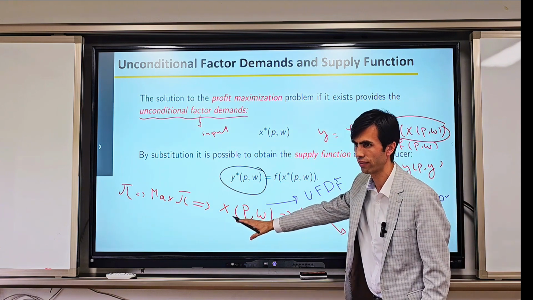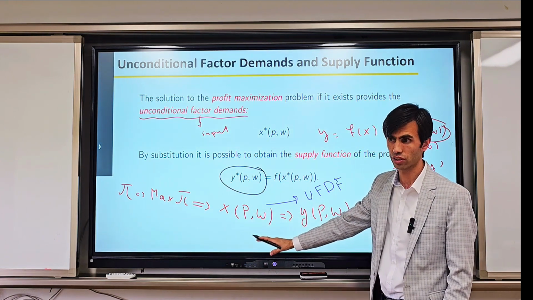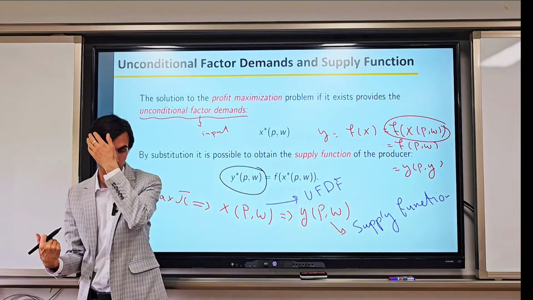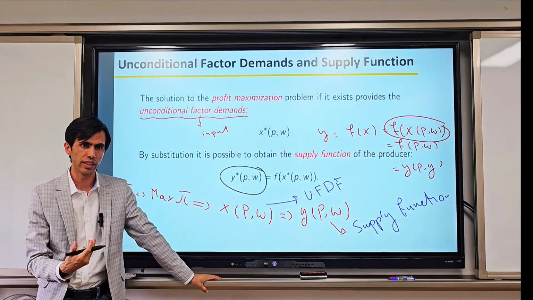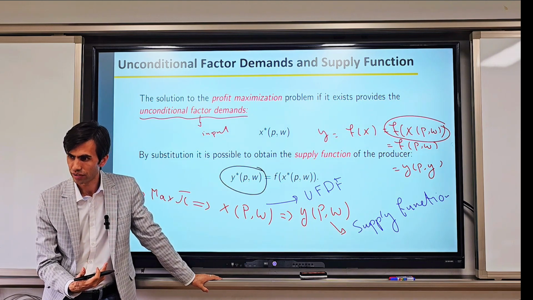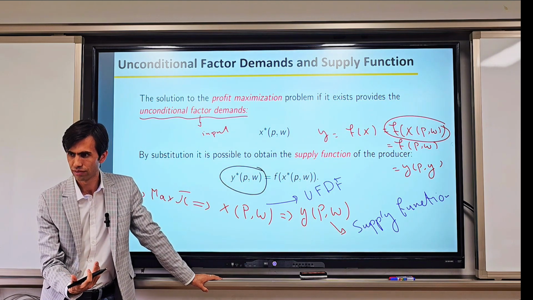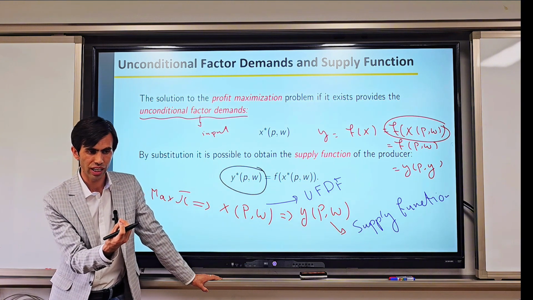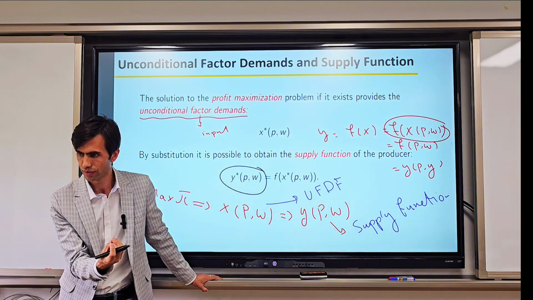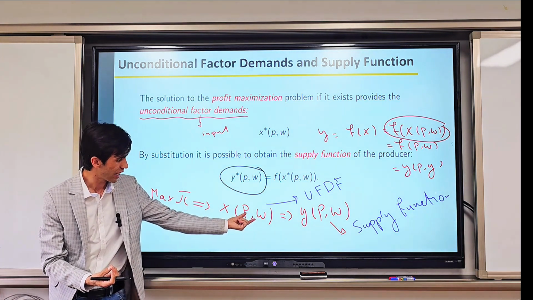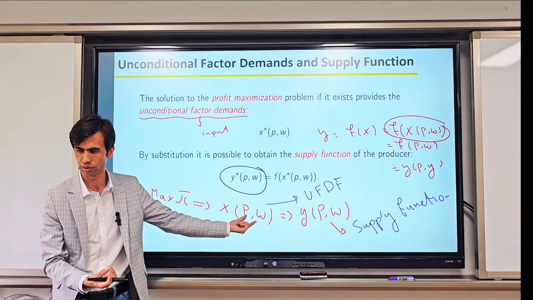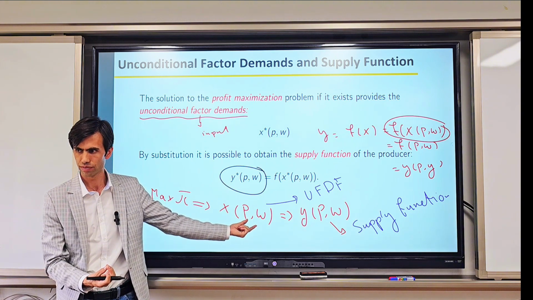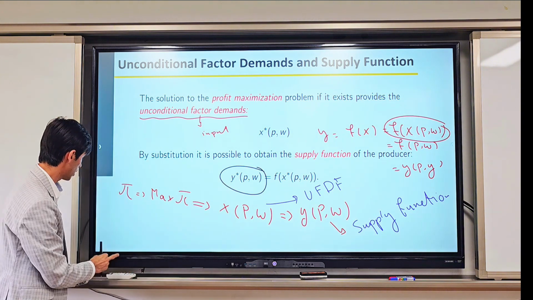Because we do not have any quantity. It's not conditioned on quantity. Although, if you remember, we said that in the case of perfect competition, the price is already given. We need to maximize our profit based on the level of output. But here we don't have anything about Q or output. It's just a function of P and W.